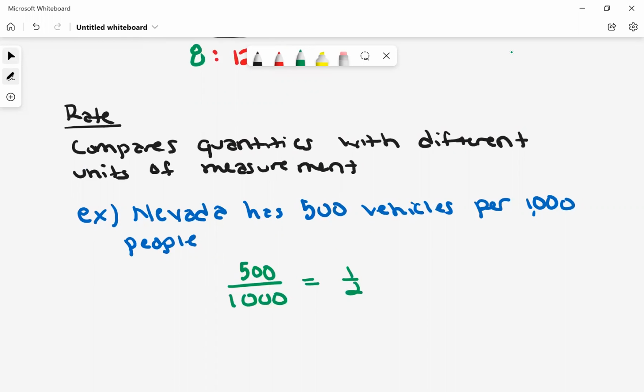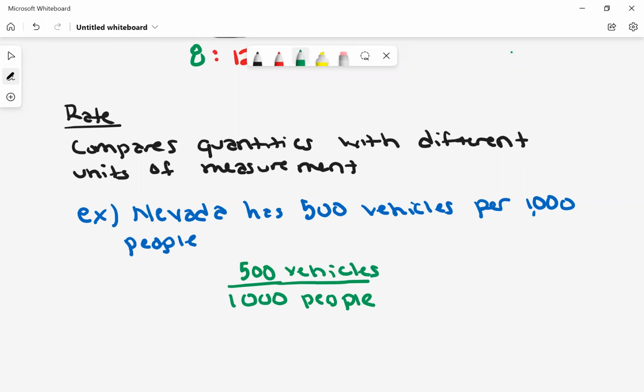So when you write this rate, you want to say you're talking about 500 vehicles for every 1,000 people.